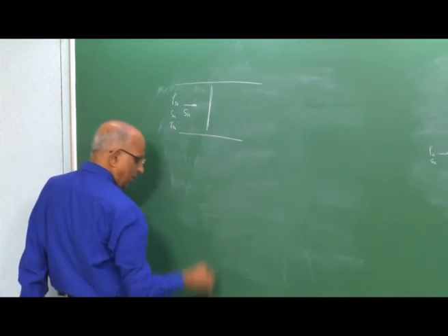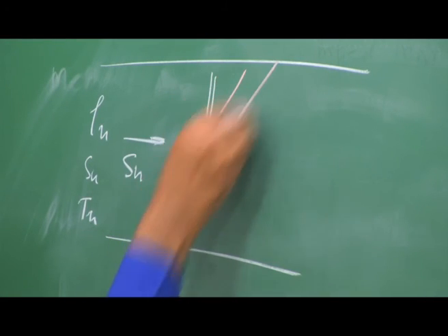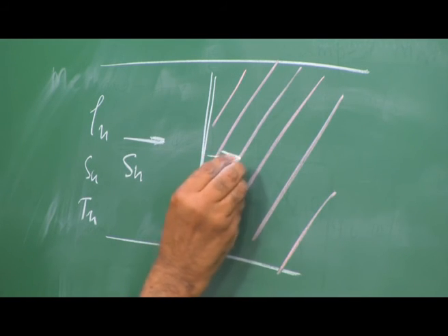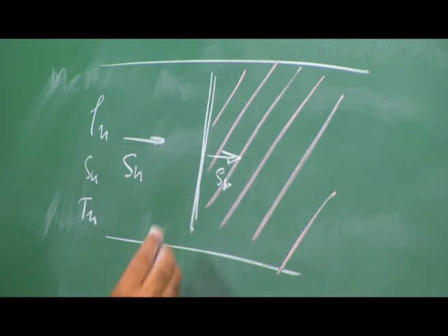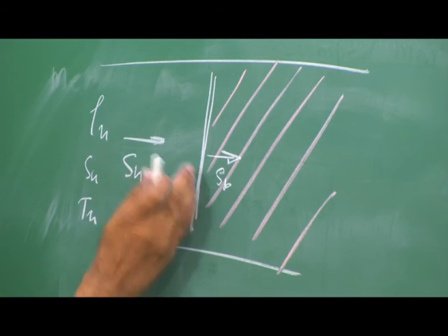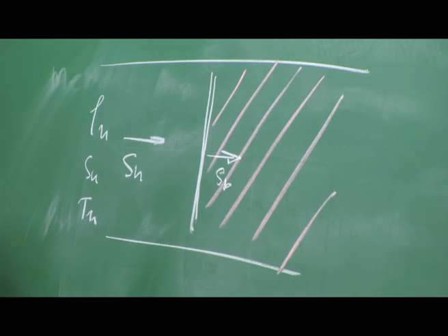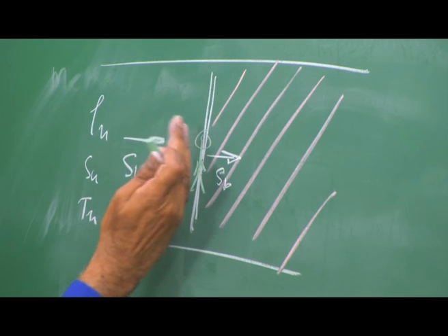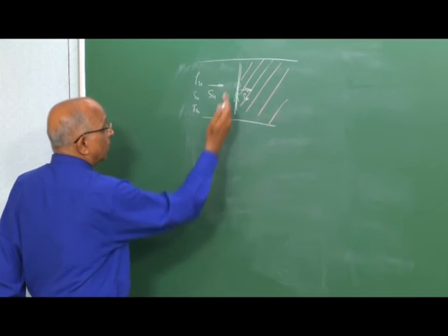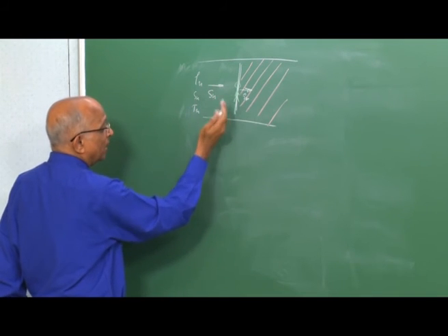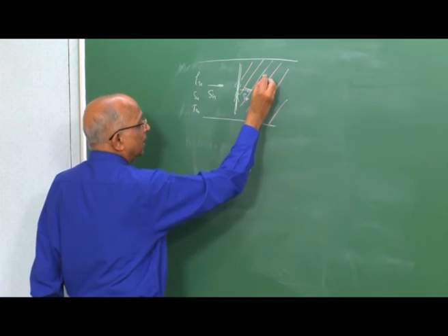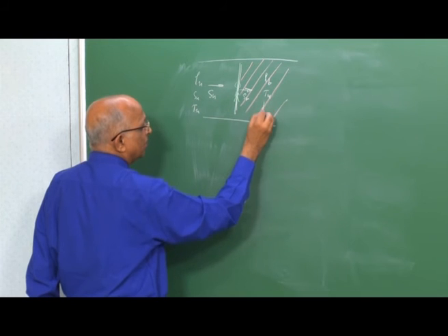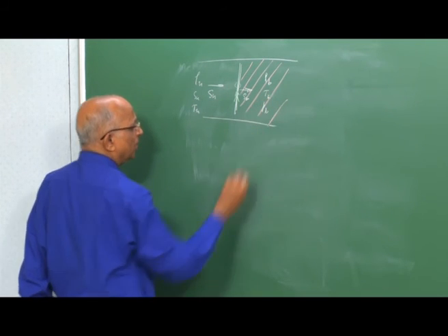On the right hand side I have the burned gases, and the gases are moving towards the combustion front, which is stationary, because we considered SU with reference to the observer sitting on the wave, that is, with respect to the combustion front itself. Therefore, gases are moving at SU; over here the density is rho b, the speed is SB, the temperature is TB, and the pressure is, let us say, PB.